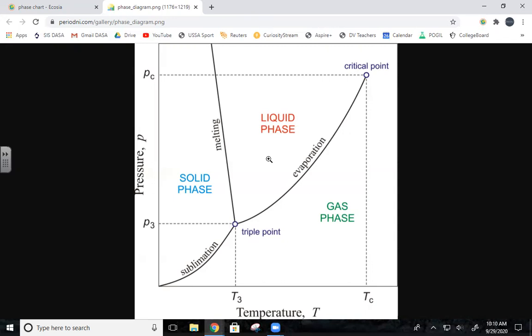Well, what happens if you bring this water into a vacuum chamber, okay? And it's 25 degrees Celsius inside the vacuum chamber, but then you start pumping the air out of this vacuum chamber. And so the pressure goes down. So we move down on our chart, okay?